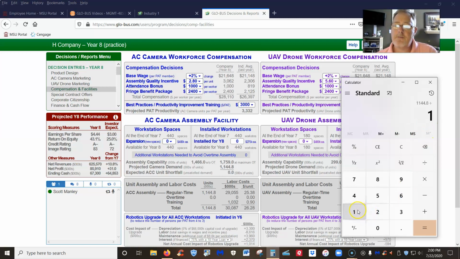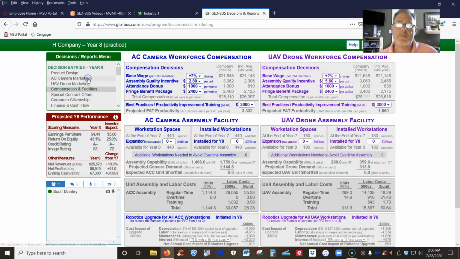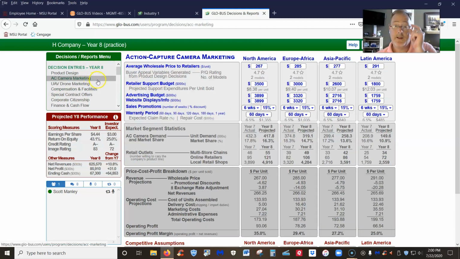If I divide that by my capacity of 1466, that means I'm at 78% capacity, okay? So the bottom line there is I am not using my factory like I should be. So I'm going to go back to marketing, and I'm going to see what happens if I increase my marketing.